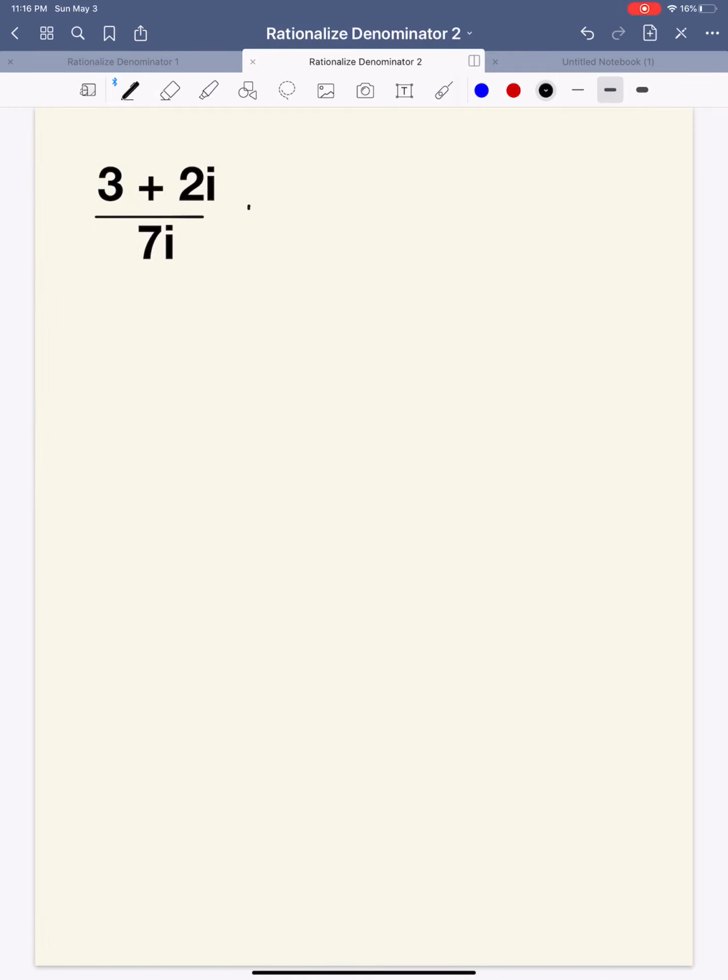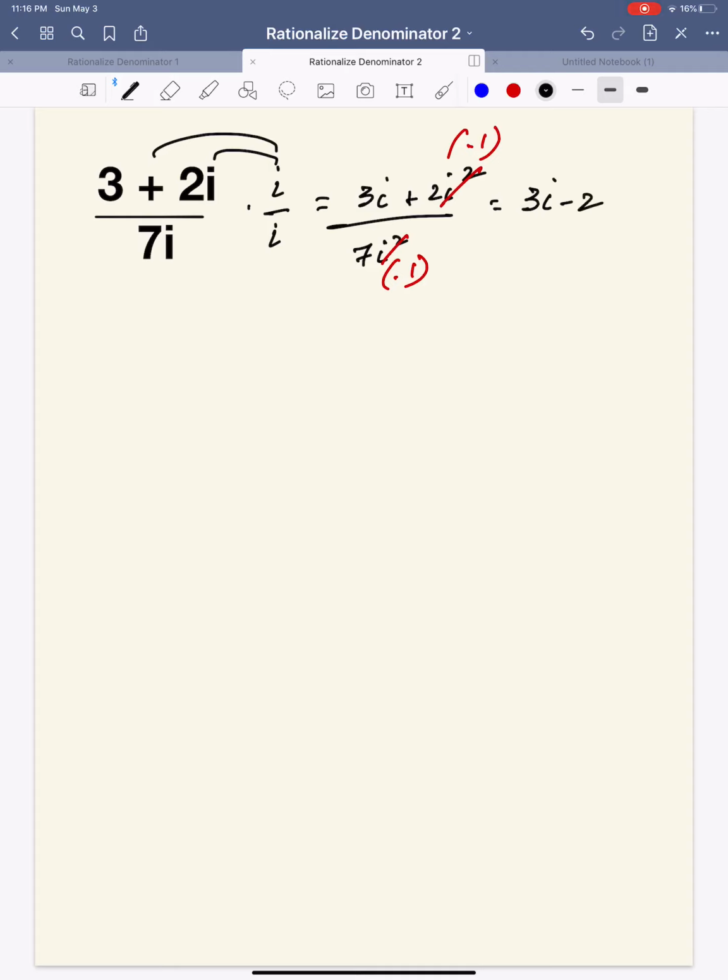Next one. i over i. Top, 3i plus 2i squared over 7i squared. Again, these are -1. Okay. And in the numerator, you get 3i minus 2 over -7. Now, with that binomial at the top, you can leave the -7 there, but this is what's going to happen.